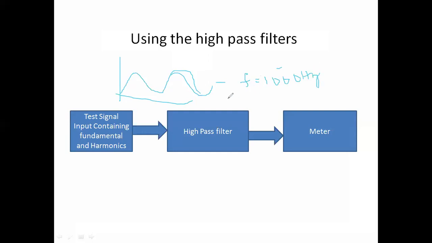The harmonic components are the second harmonic component, having 2 into f, the fundamental frequency, which gives 2k hertz. Like that, the third harmonic is having 3k.